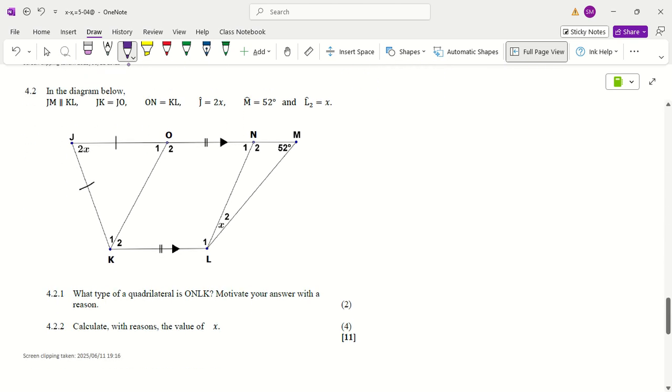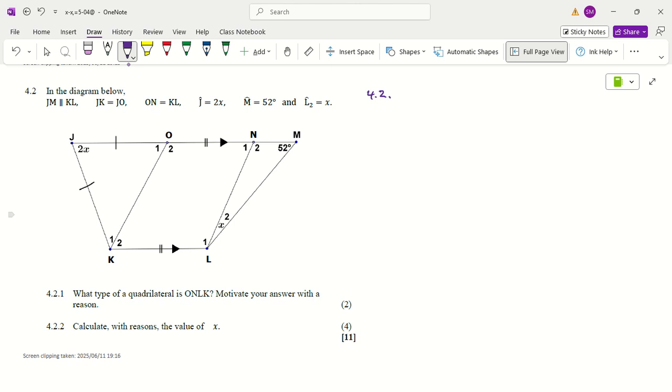Then we go to the next question, 4.2. We are given that JM is parallel to KL, JK is equal to JO, ON is equal to KL, and then the angle J is 2x, M is 52, and L is x, and then we need to answer the questions that follow.